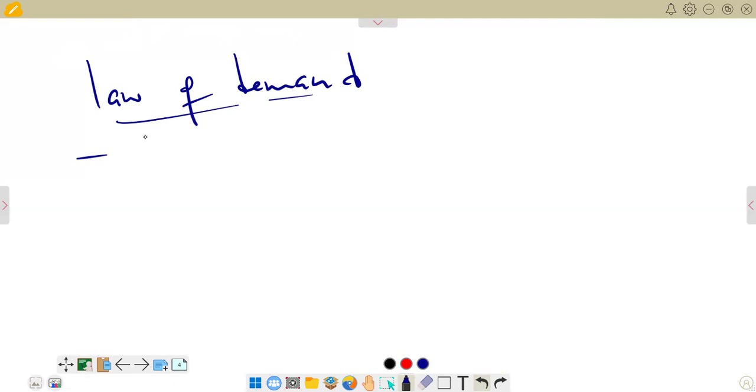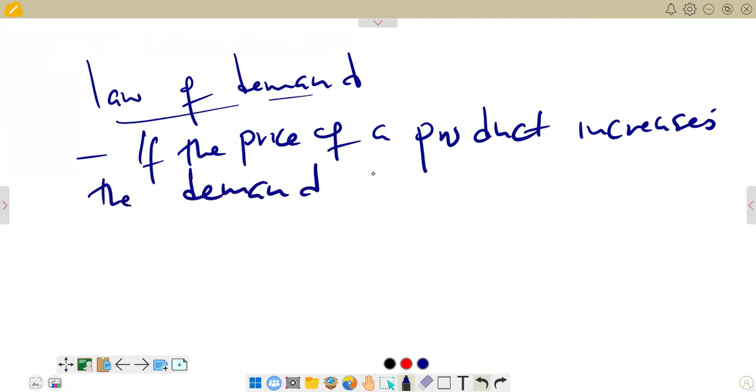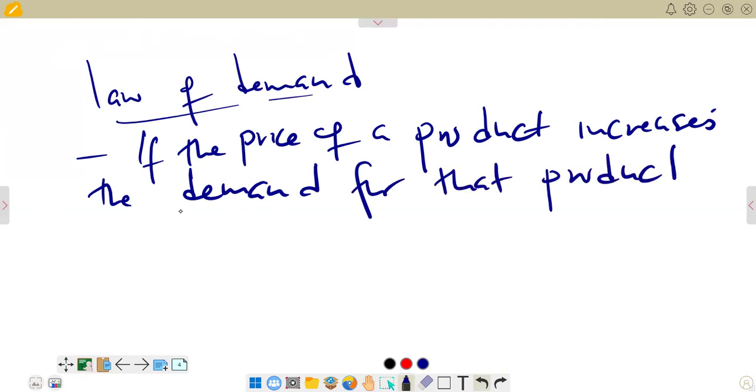So we are saying if the price of a product increases, the demand for that product will decrease. So this is our response for question 4.4.